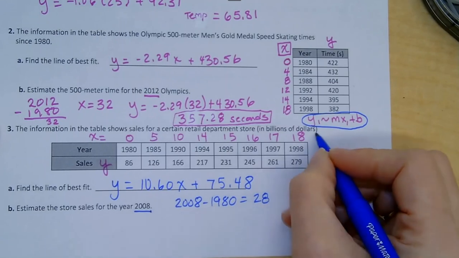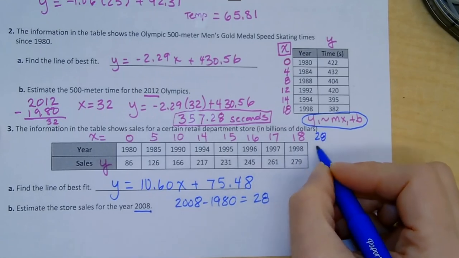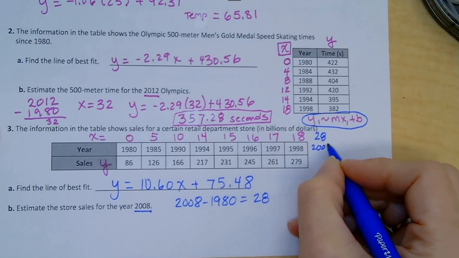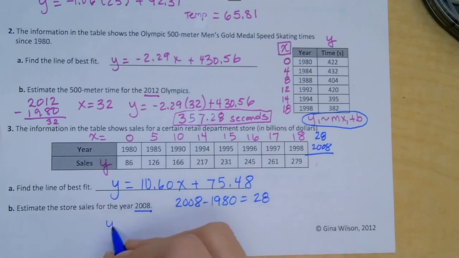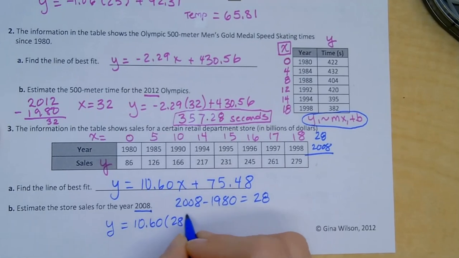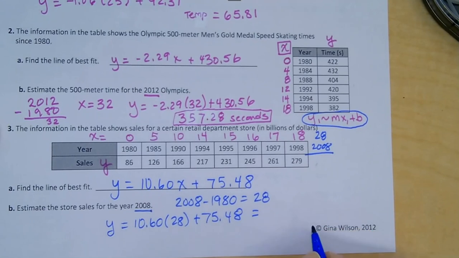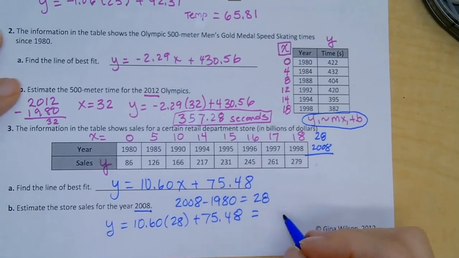So I'm looking at year 28, and that would be 2008. I want to know what the sales are, so I'm just going to plug in 28 as my X value. I'm going to solve this by saying y equals 10.60 times 28 plus 75.48. I'm not doing that in my head; I am doing that on a calculator or in the Desmos calculator, either way.